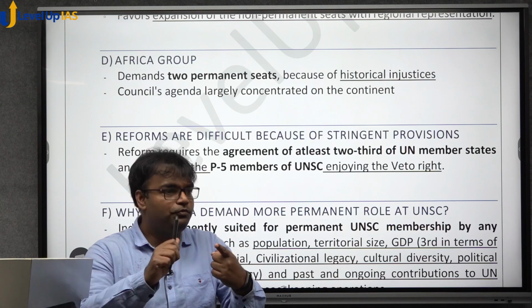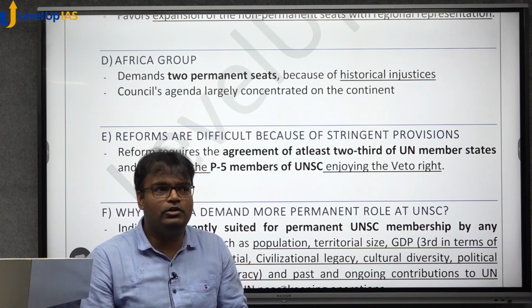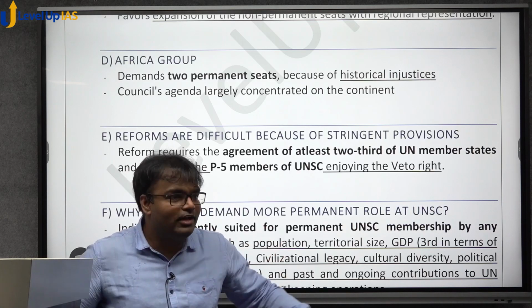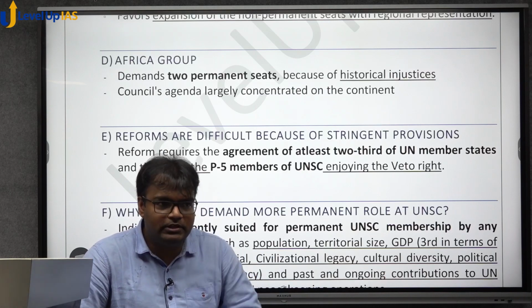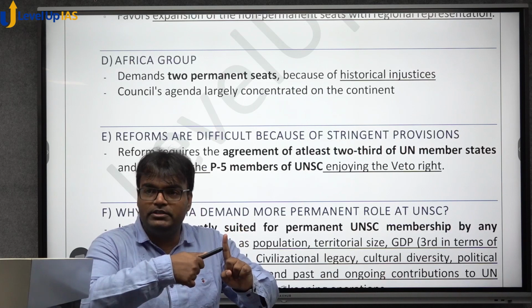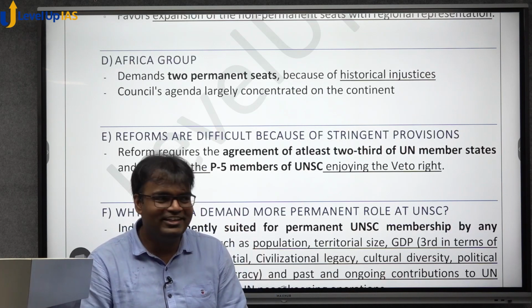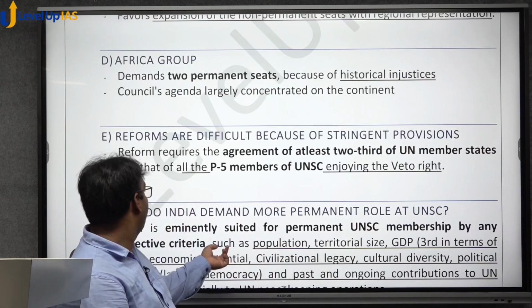Because there are different types of demands. So, it would be difficult to get support for making India a permanent member because other countries are demanding something else. Different kinds of demands are there. Voting requirements, support requirements are very high, and then P5 members are there who would perhaps not support sharing of power.